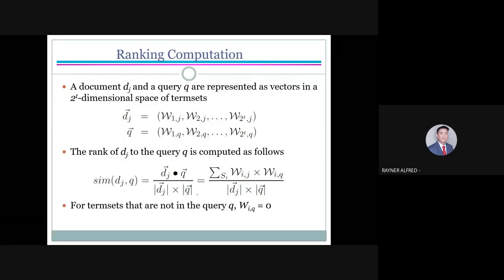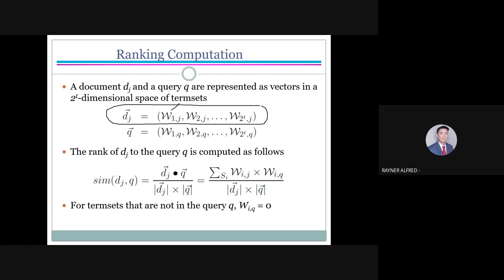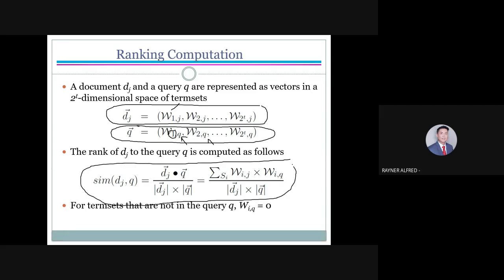Because when we want to perform the ranking, remember that just now we computed the weightage of all the term set in document J. We notice that we also have to compute all the weightage of the term set in Q. So this is the same formula that we have in the previous one, in which we get the dot product of the document and the query, and then we multiply the magnitude of vector document J and also the query.